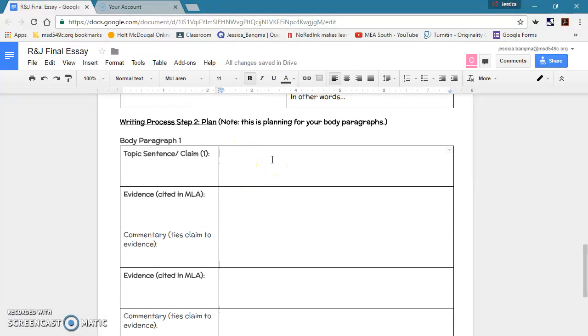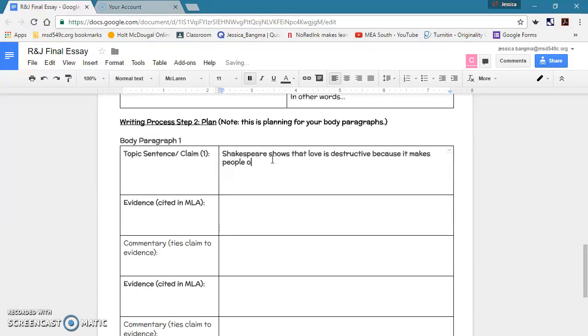And what you want to do is construct a clear claim statement, which is the topic sentence for your first body paragraph. So an example might be to say, Shakespeare shows that love is destructive because it makes people overly emotional.